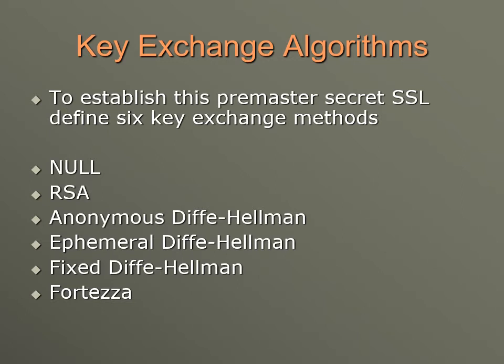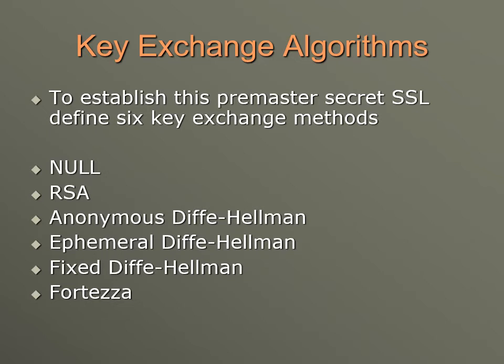Then the anonymous Diffie-Hellman is the simplest and the most insecure method, where the pre-master secret is established between the client and the server by using the normal Diffie-Hellman protocol. The Diffie-Hellman half keys are sent in plain text, which is called anonymous Diffie-Hellman because none of the parties is known to the other.